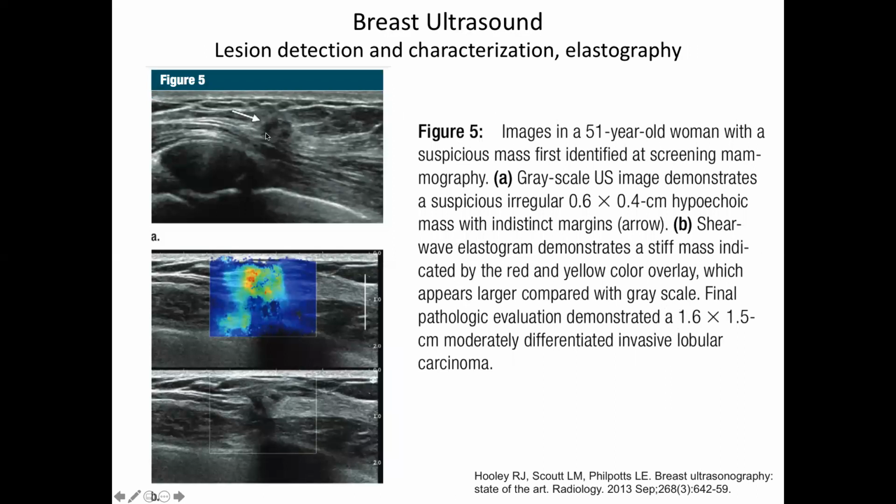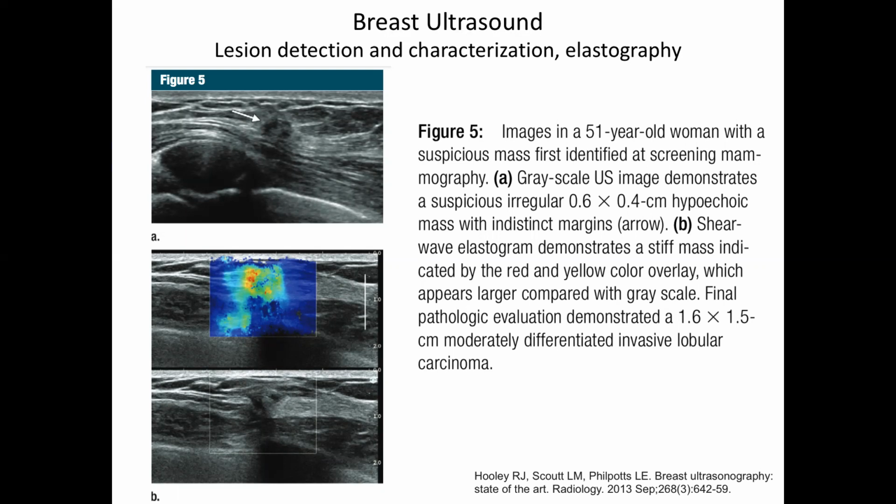Here we have, again, a hypoechoic mass. So this looks suspicious, right? And then what's done here is you actually fire a mechanical pulse through the tissue such that it sets up a wave in the tissue, and you measure the shear modulus of the tissue as that wave is going by.